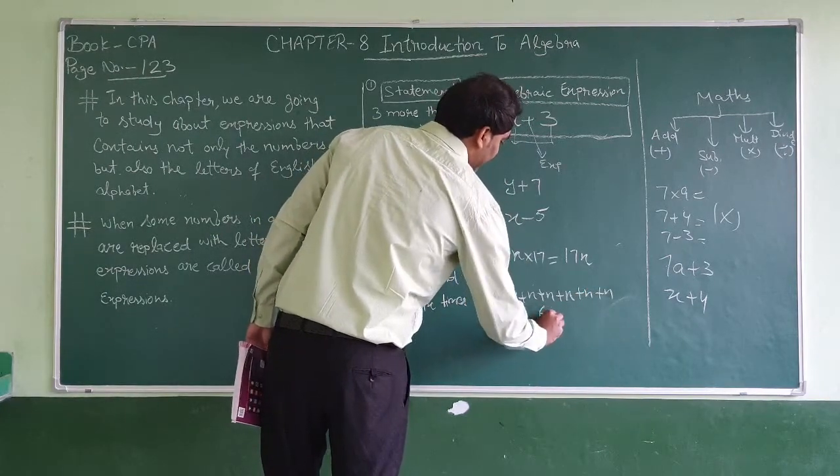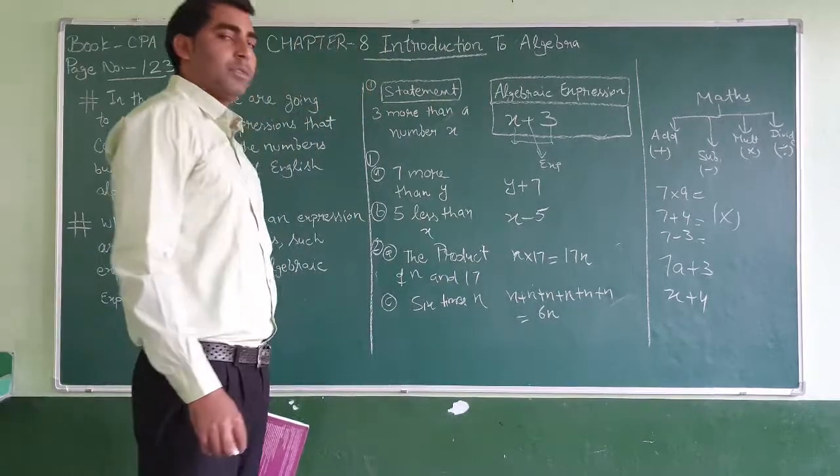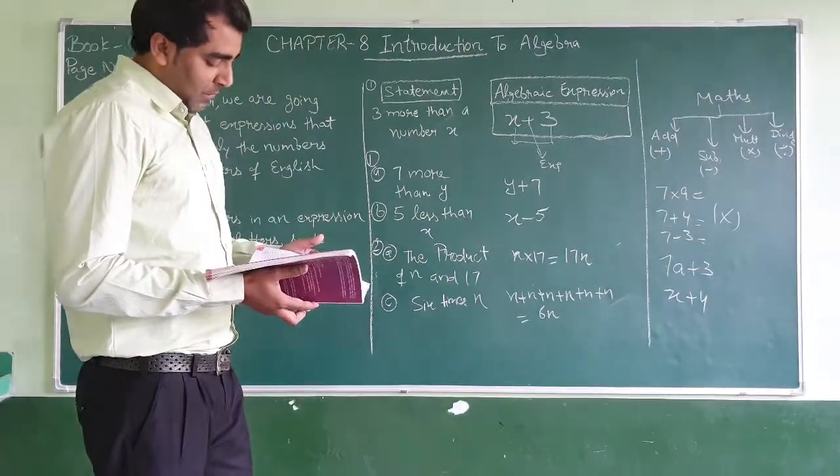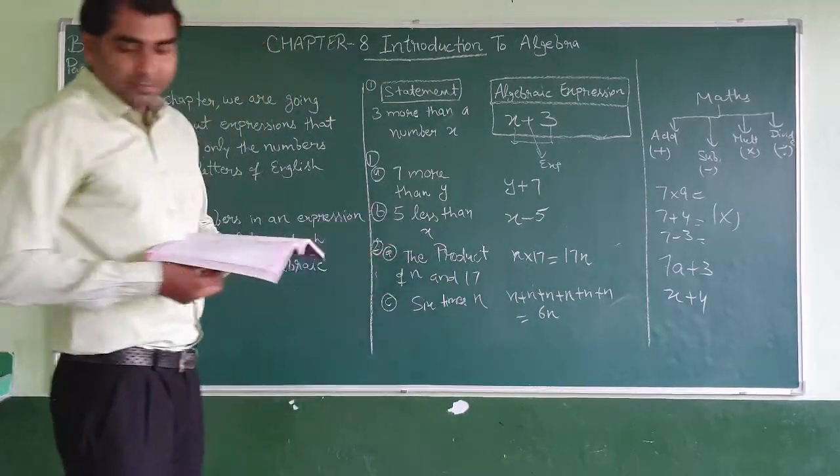It means 6n. Okay, so now question number 3.